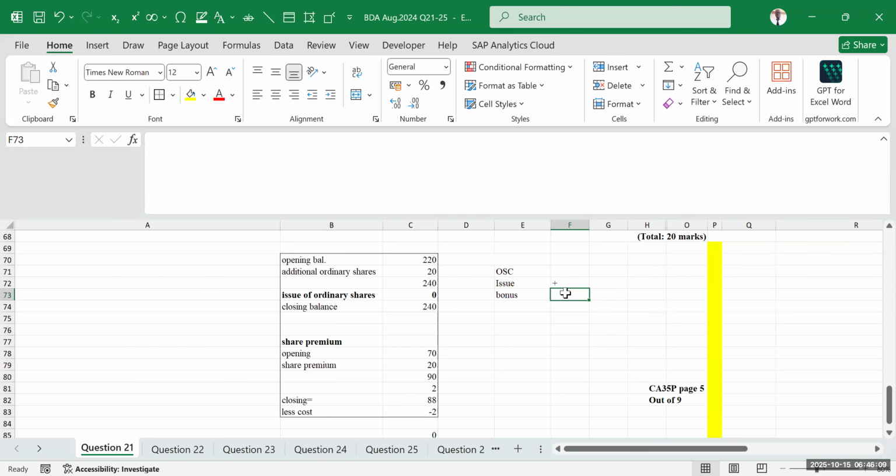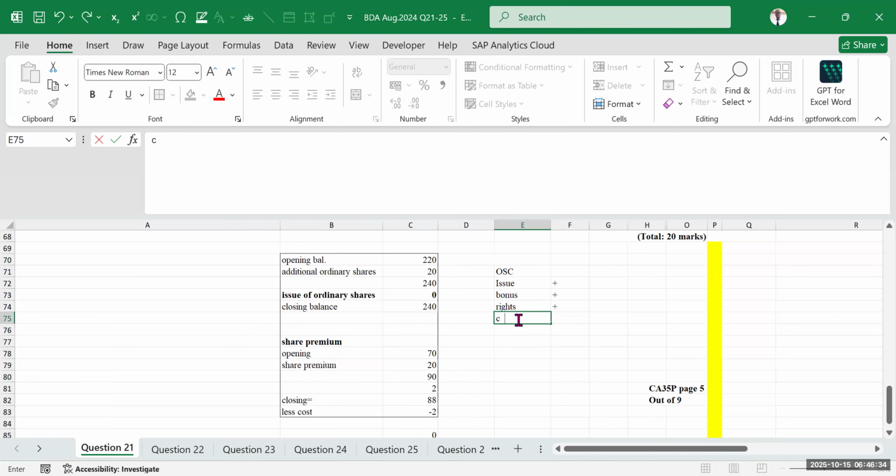So the ordinary share capital will also increase upwards. Then, a rights issue is also to existing shareholders, but it is an issue of shares at a price which is below the market value or the par value. So it is an advantage to existing shareholders. A rights issue also has the impact of increasing the ordinary share capital account.